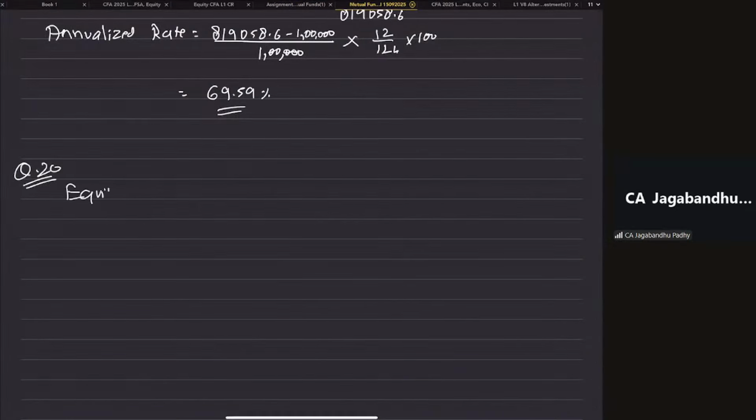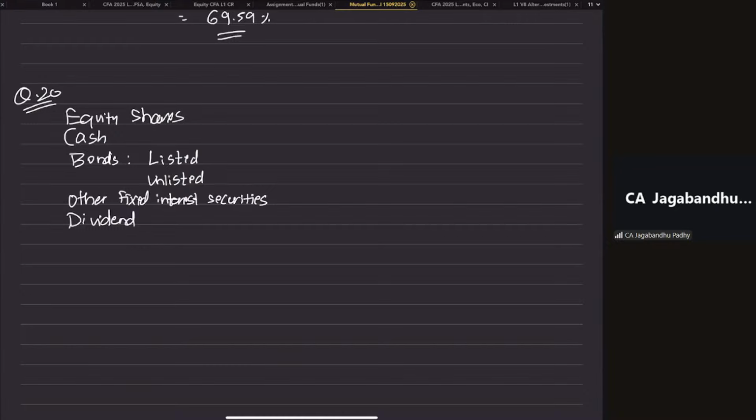So we have equity shares, then we have cash balance, and debentures, bonds which are listed and unlisted. Then we have other fixed interest securities. Then dividend receivable. So that will be your total assets.